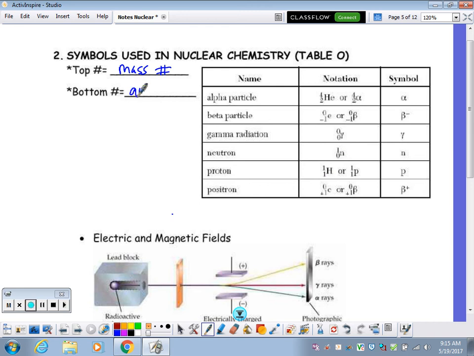This represents the atomic number. These two numbers show us how the nucleus of the unstable radioisotope falls apart. The main particles you need to be most familiar with are alpha, beta, and gamma radiation.